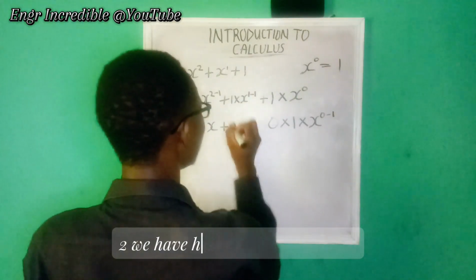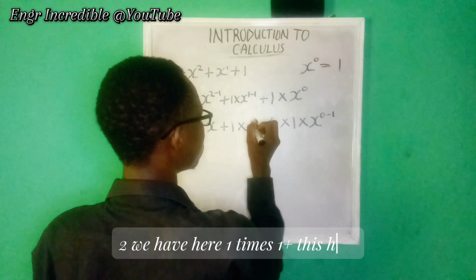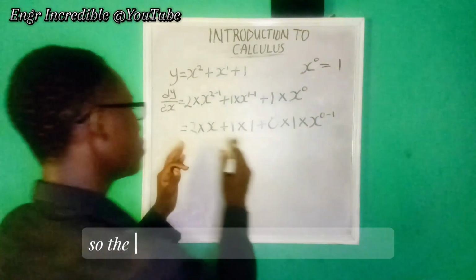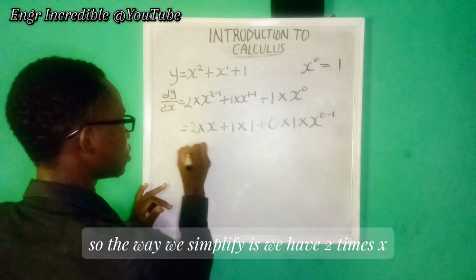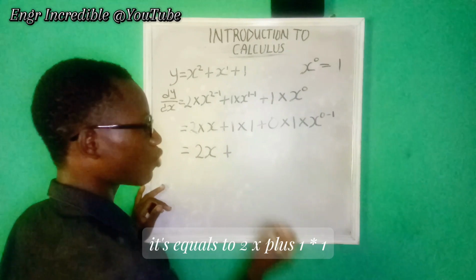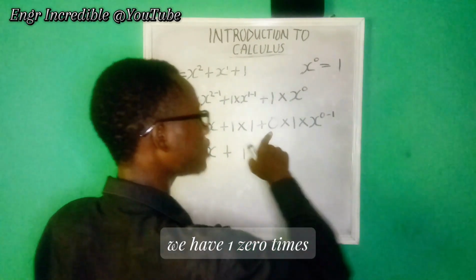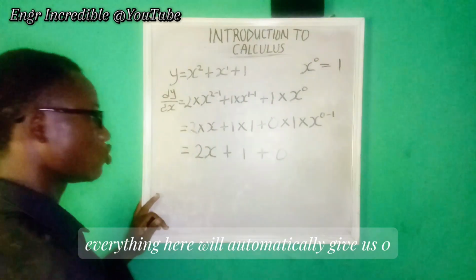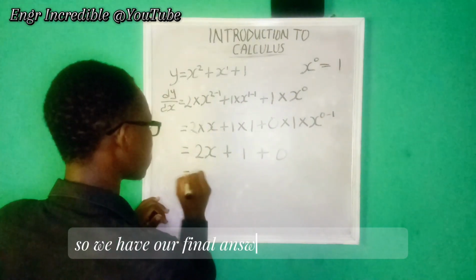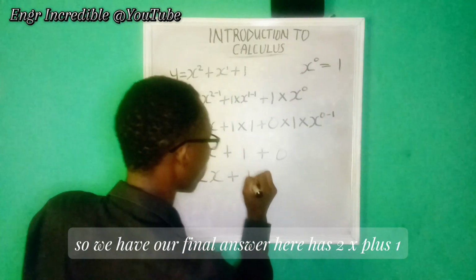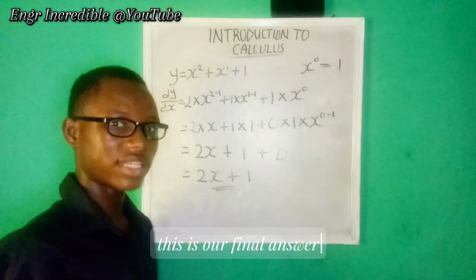So we have 1 times 1 plus this here. When we simplify, 2 times x is 2x, plus 1 times 1, we have 1. 0 times everything here will automatically give us 0. So we have our final answer here as 2x plus 1. This is our final answer.